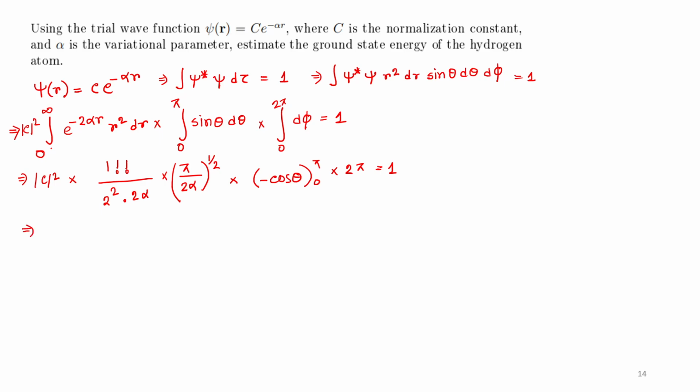So we have 1 over 8 alpha, then you have pi by 2 alpha to the half. From here you are going to get minus cos pi minus cos 0, and minus of minus cos plus.